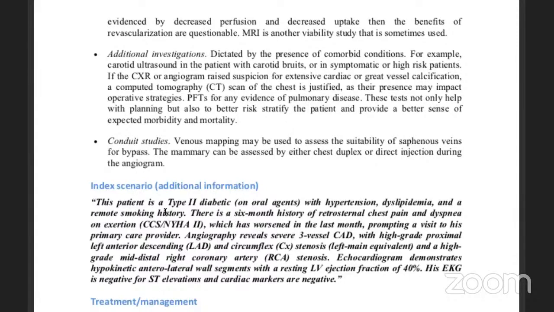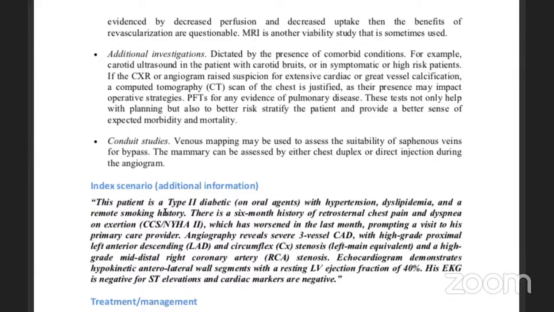So, additional information: this patient is a type 2 diabetic on oral agents with hypertension, dyslipidemia, and remote smoking history. There is a 6-month history of retrosternal chest pain and dyspnea on exertion, New York Heart Association class 2, which has worsened in the last month, prompting a visit to his primary care provider.